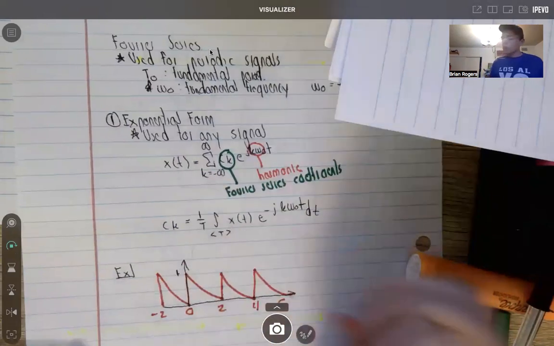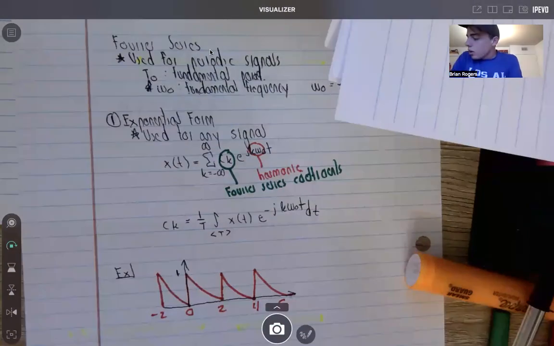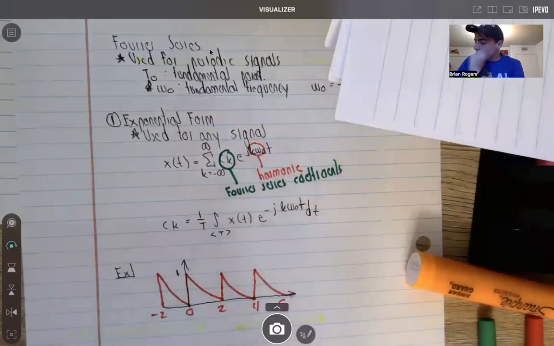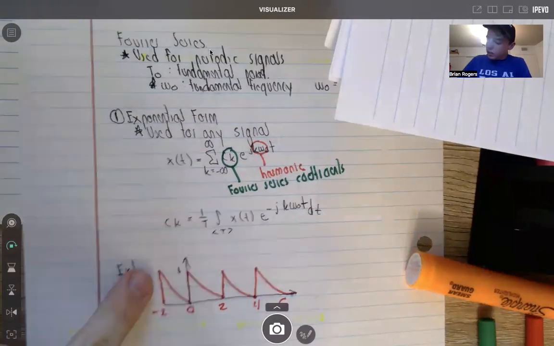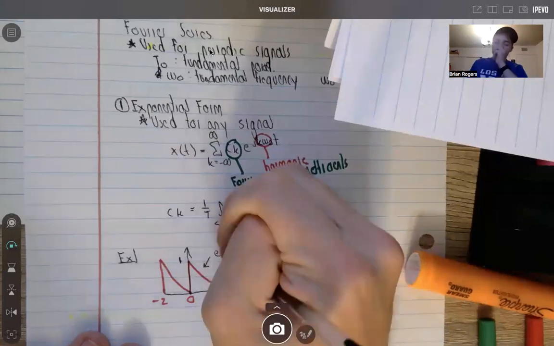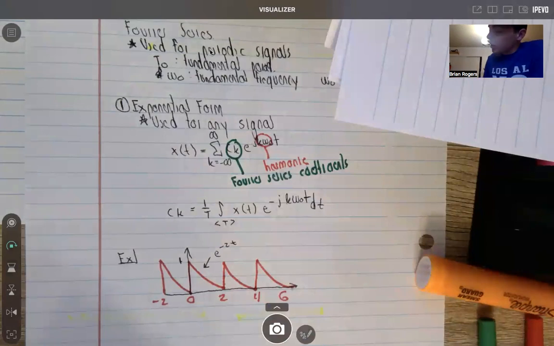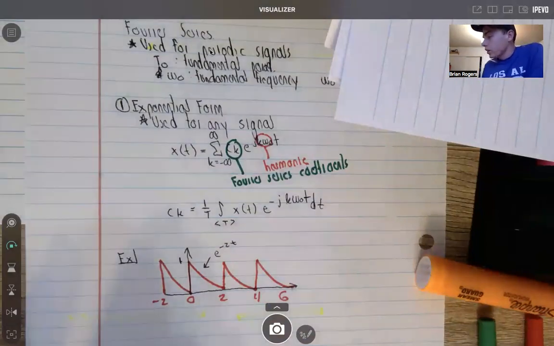And so what we need to do is parse this. We have this signal here, and it's e to the -2t. That's the signal we have. So what are the specific values we should get for the Fourier series coefficients?